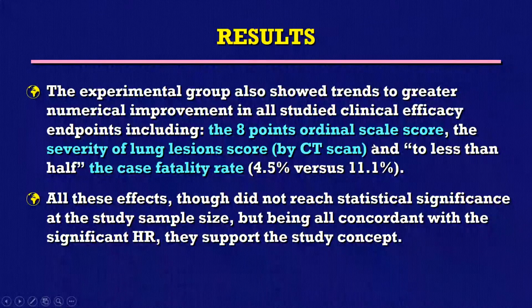The experimental group also showed trends to greater numerical improvement in all studied clinical efficacy endpoints, including the 8-point ordinal scale score, the severity of lung lesions score by CT, and the case fatality rate, which was less than half, 4.5% in the experimental group versus 11.1% in the control group.